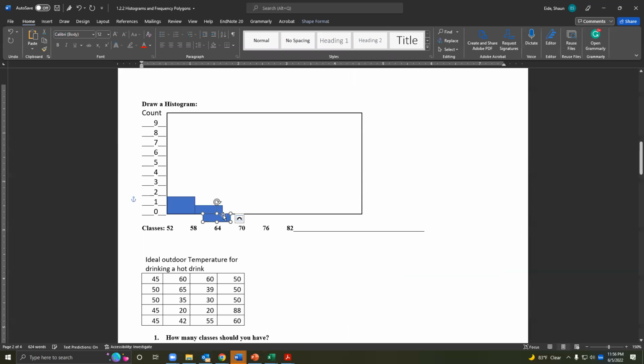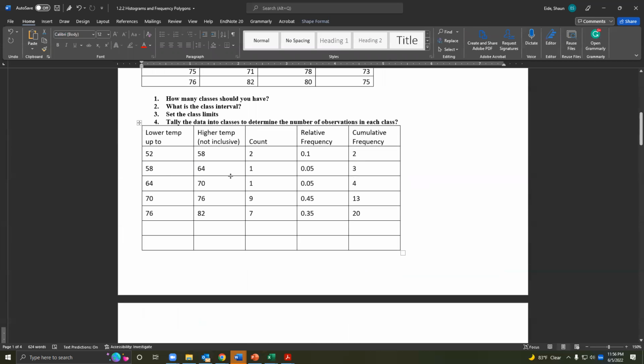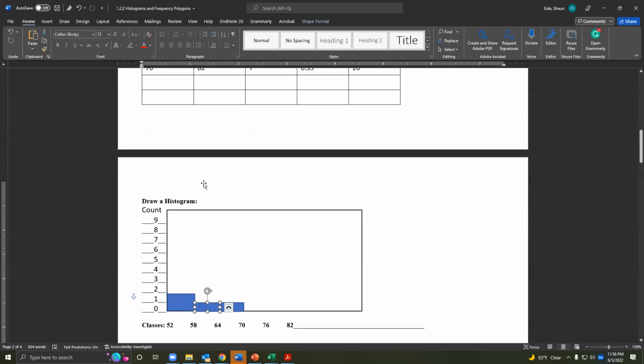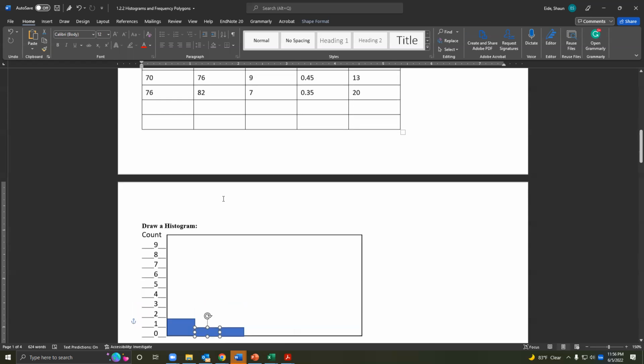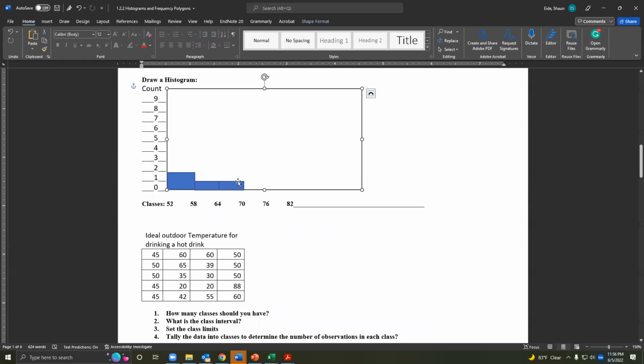Then we're going to 64 to 70. We've got 1 observation at 64 to 70, and then 70 to 76, we've got 9 observations.